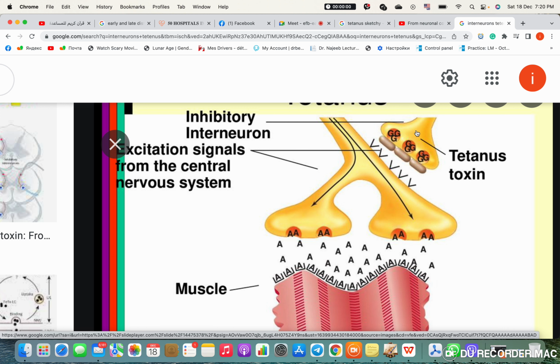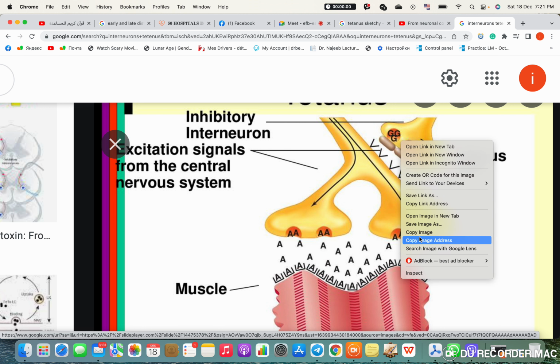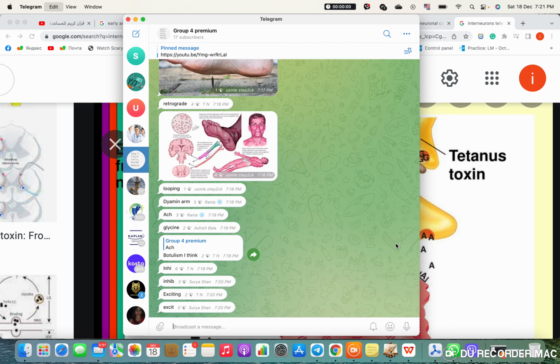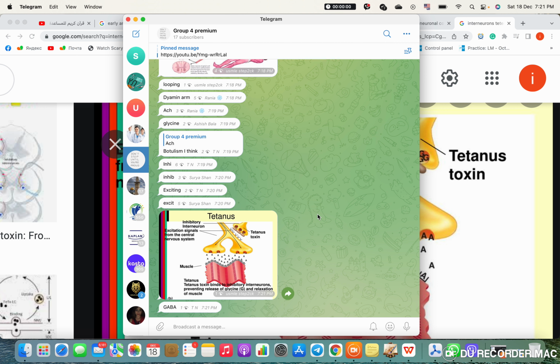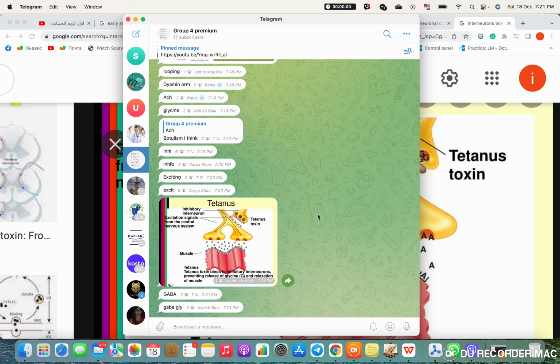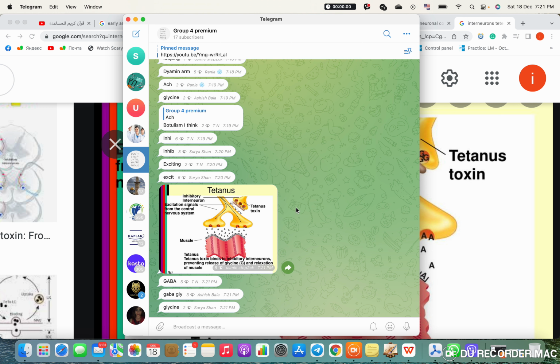And there are these neurons, interneurons, that are always inhibiting these neurons using what neurotransmitter? GABA and glycine. Yes, GABA and glycine.